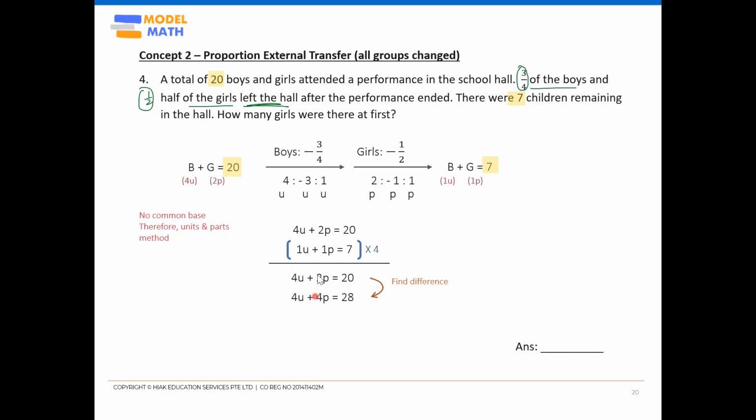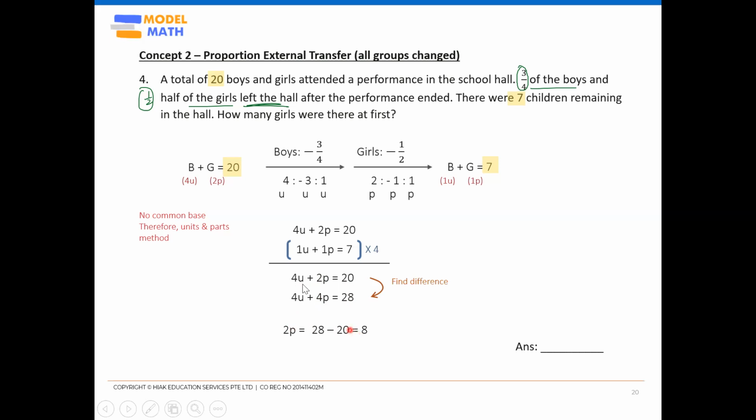So take the difference between the two equations. The difference between these two parts will then be 2p, two parts. No more units, you can ignore the units already. And of course, take your difference between the whole numbers, 28 minus 20, that will be 8. There you go. I have established that two parts is a value of 8.